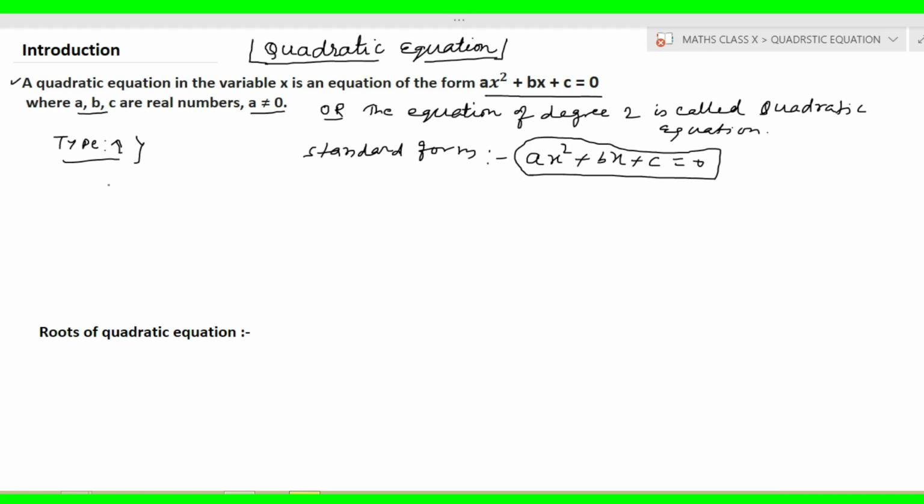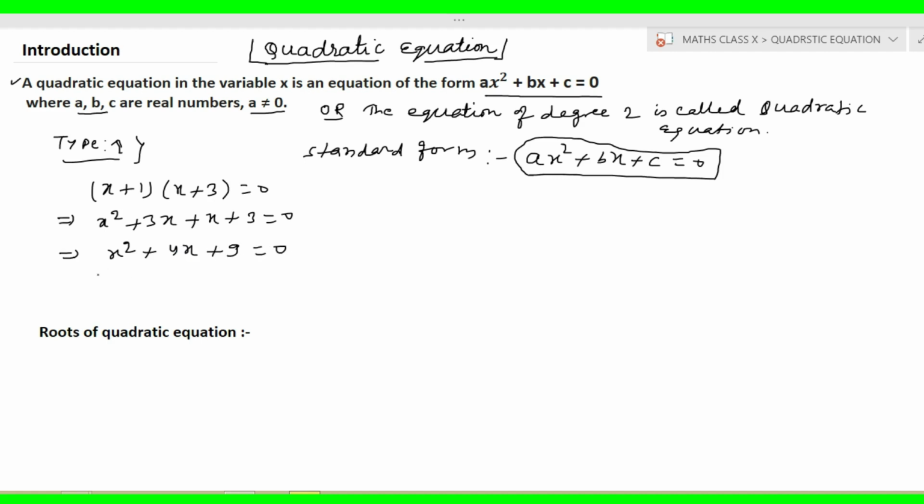Suppose you are talking about x plus 1 into x plus 3 is equal to 0. Is it a quadratic equation? To justify this, first we have to bring it into the standard form. For that, we have to remove the bracket: we will find x square plus 3x plus x plus 3 equal to 0, and then x square plus 4x plus 3 is equal to 0.